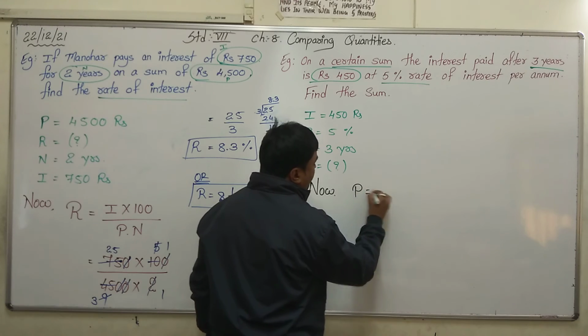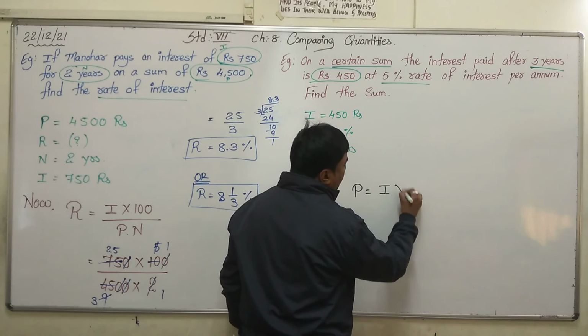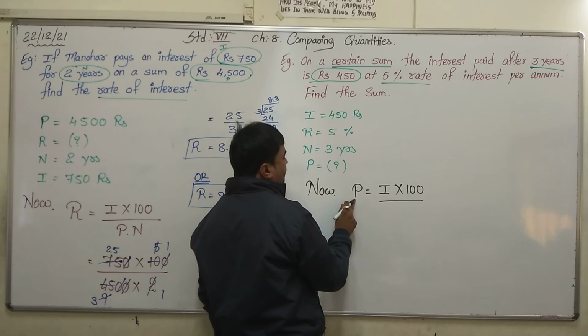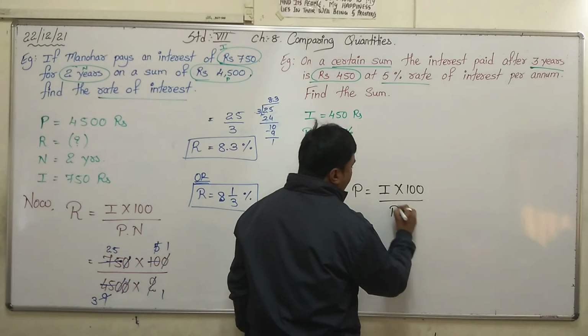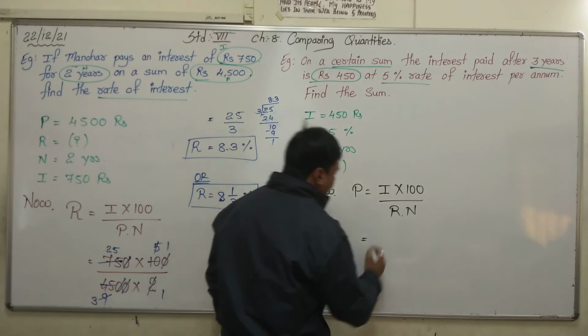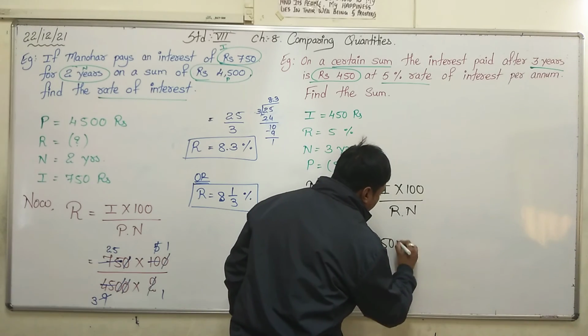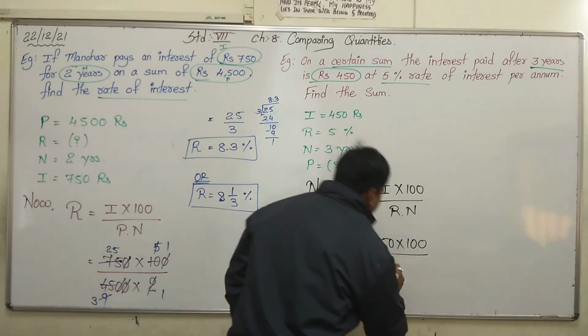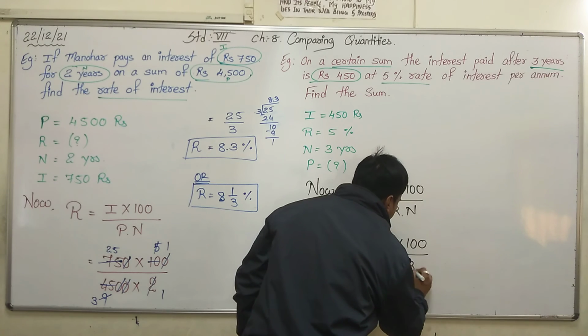P is equal to I multiplied by 100 upon R into N. So that is equal to 450 multiplied by 100 upon rate 5 multiplied by 3.